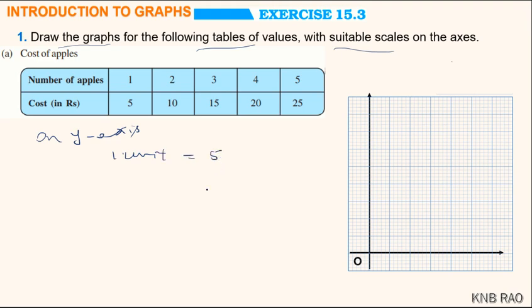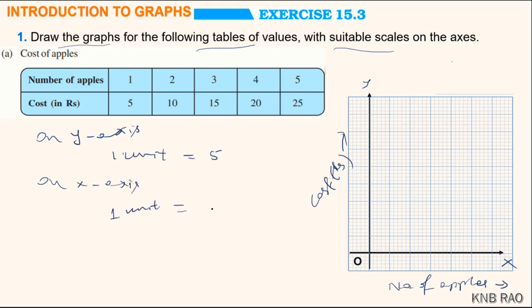I am choosing y because I am taking cost in rupees on the y-axis and number of apples on the x-axis. On the x-axis 1 unit I am considering as 1, and on the y-axis 1 unit equals 5 rupees.